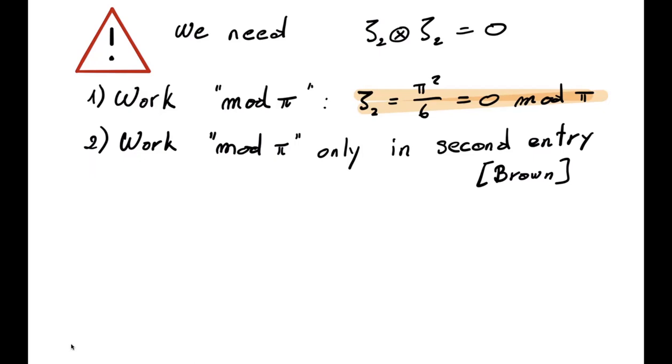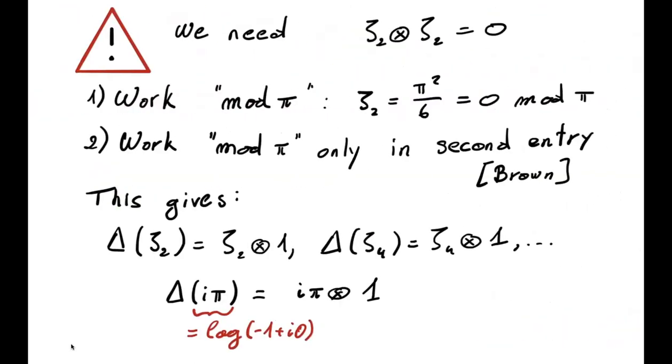In a more modern version, which goes, to some extent, back to Francis Brown, you would only say you work modulo pi, so modulo discontinuities in the second entry, not in the first. So you would only say this guy is 0, but not this guy. So in other words, remember that we said delta of zeta n was 1 tensor zeta n plus zeta n tensor 1.